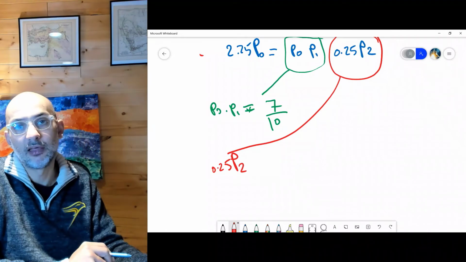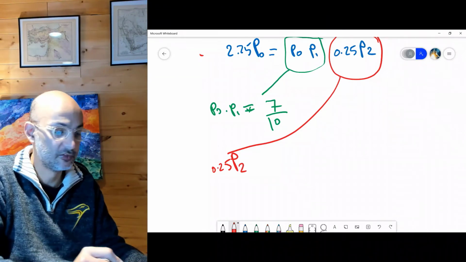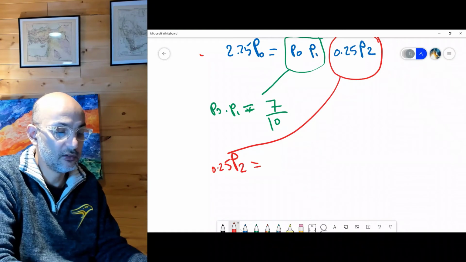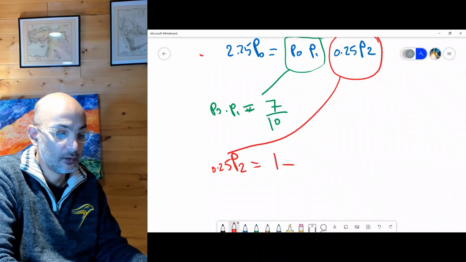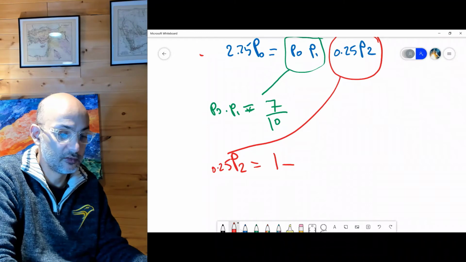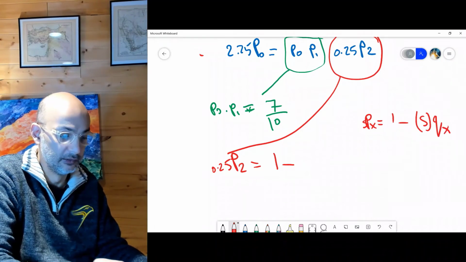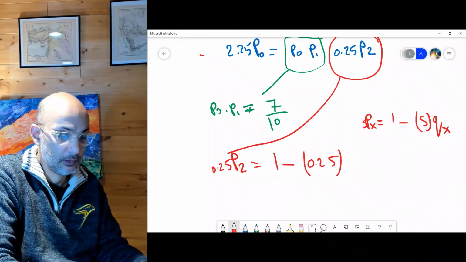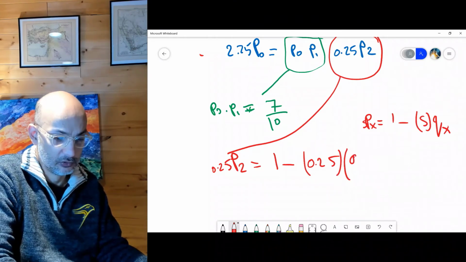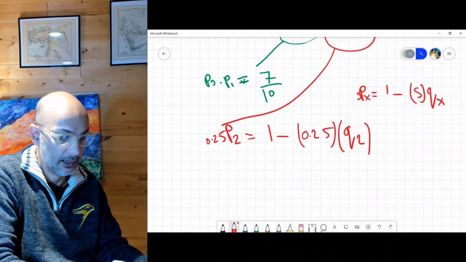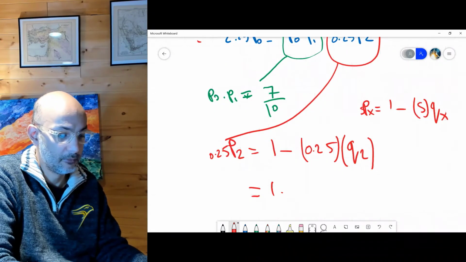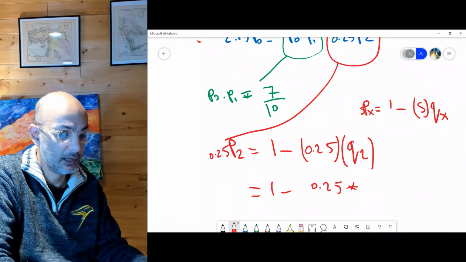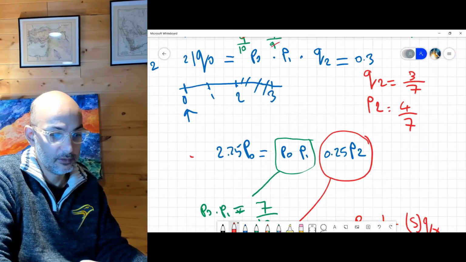This is not multiplied, the 0.25 is the small s, but we know the rule: SPX is 1 minus s multiplied by qx, right? So this will be 1 minus 0.25 multiplied by q2, and what is q2? Already 3 over 7.